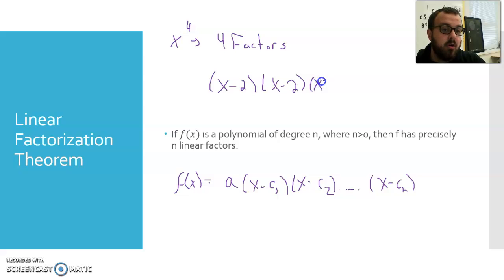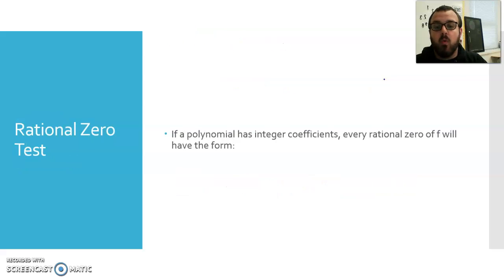That would be a polynomial made up of 4 factors, except that the only root I would have for that one would be 2, all right? So a polynomial, if it's degree n, will have n factors, and it has to have at least one root. It could have more, it could have up to n roots, but it must have at least one root, okay?